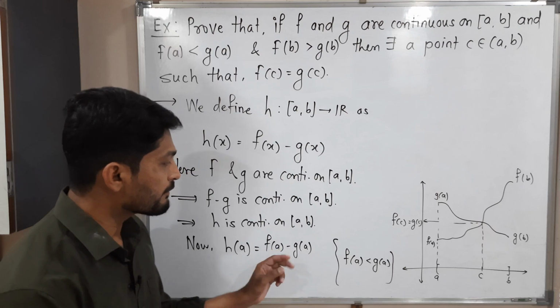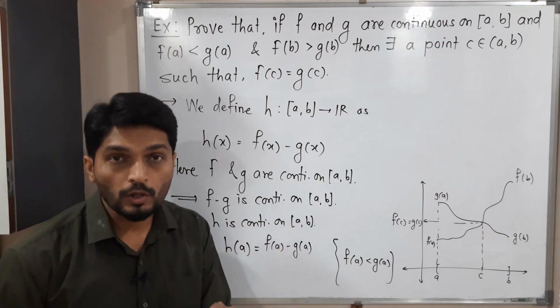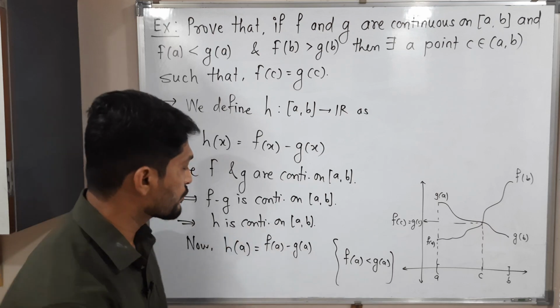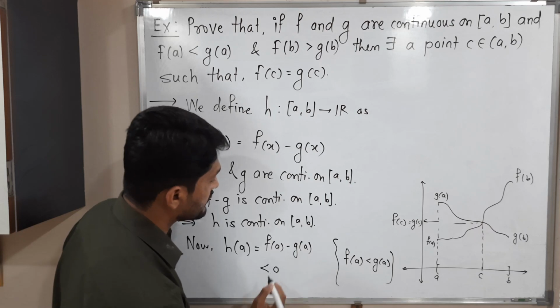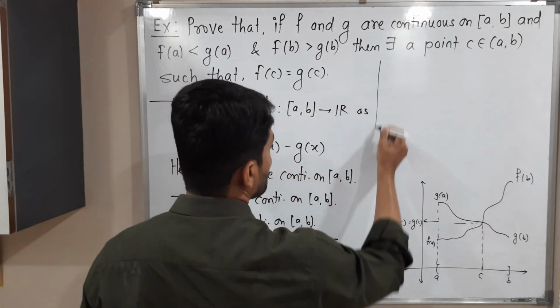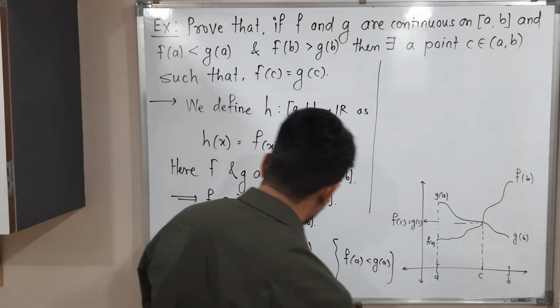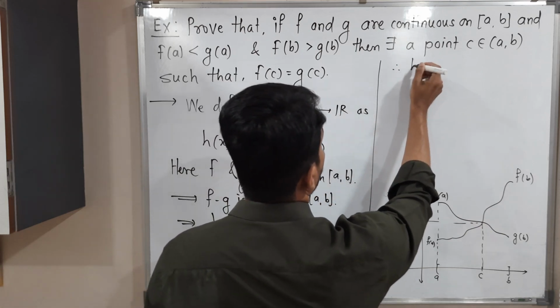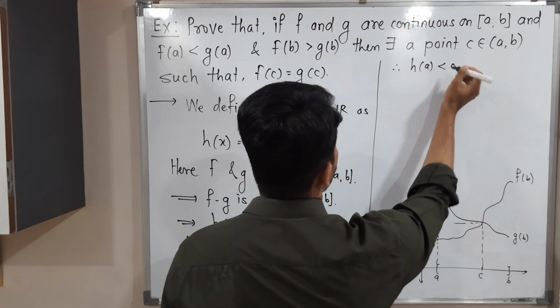Obviously, if you subtract a large number from a small number, you will get a negative value, so it is less than 0. Therefore, h of A is less than 0.